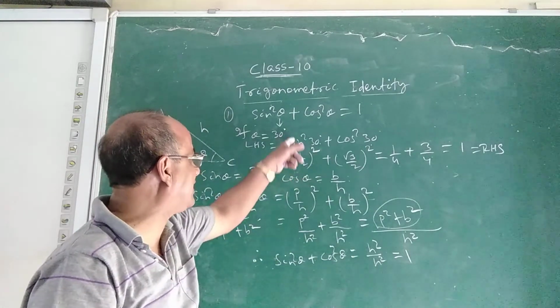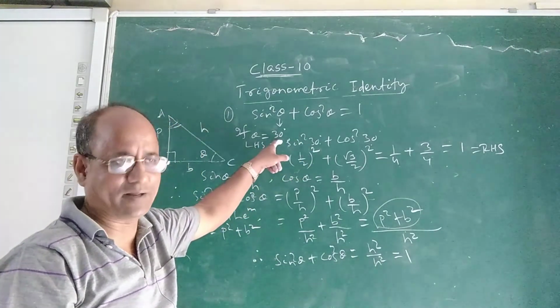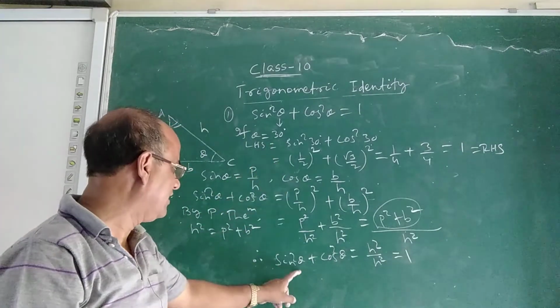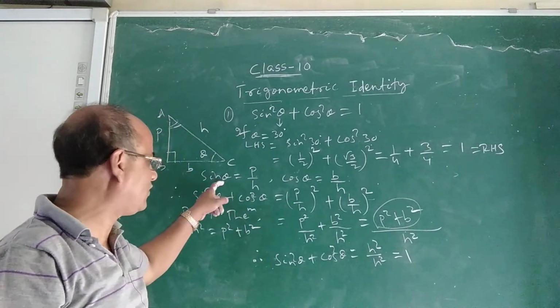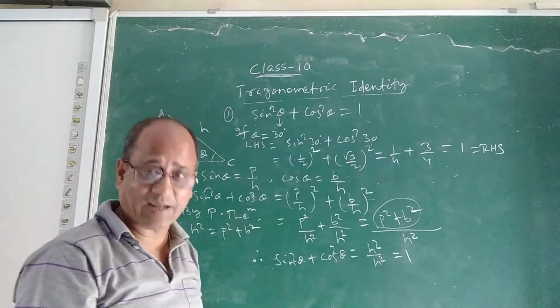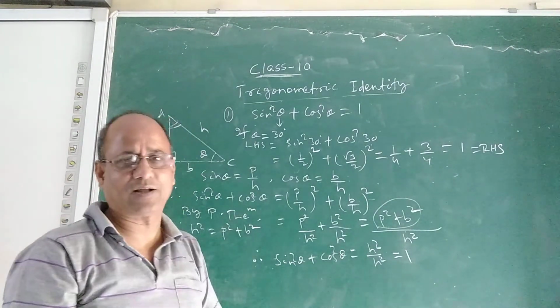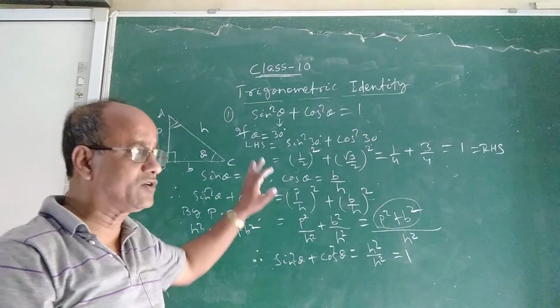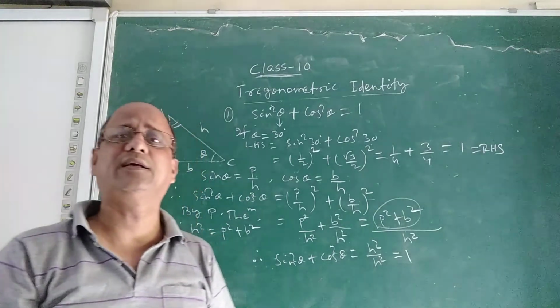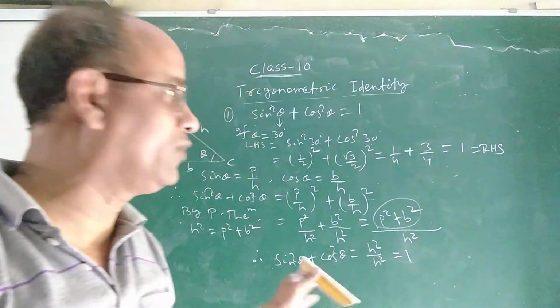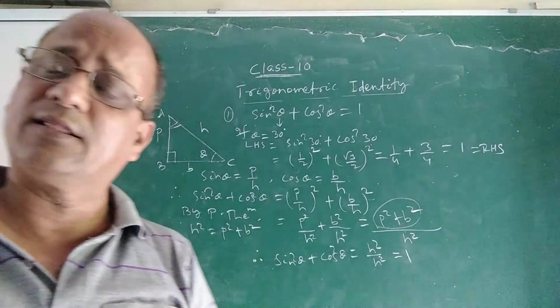Earlier I proved it by taking some angle, theta equal to 30 degree, 45 degree, 60 degree, etc. Here without taking any angle also we can prove geometrically that sin square theta plus cos square theta is always equal to 1. Okay. So this is the first trigonometric identity, and we will discuss more about it and other identities also in the next class.